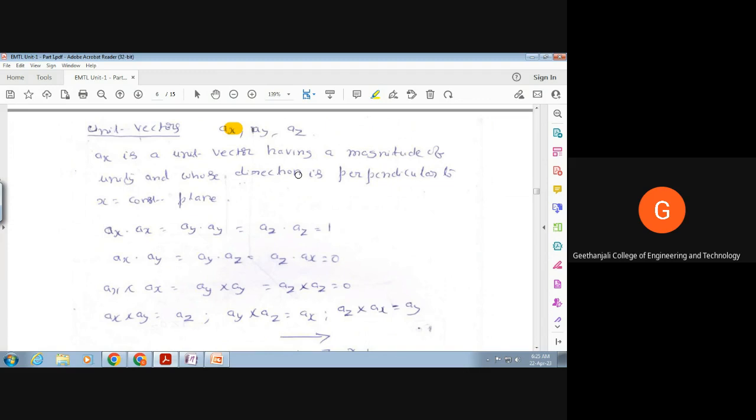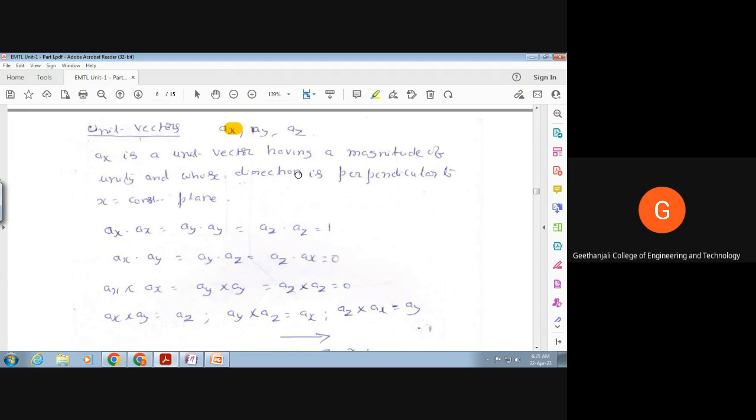And when you apply the dot product and cross product, suppose there are two vectors a and b. What is the dot product a dot b? Magnitude of a into magnitude of b into cos theta. That is a scalar quantity. Similarly, the cross product a cross b has magnitude ab sin theta, and the direction is perpendicular to the plane containing a and b.